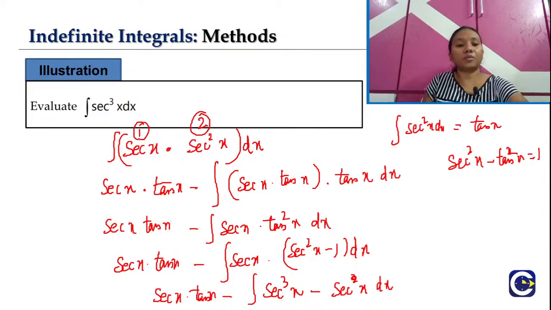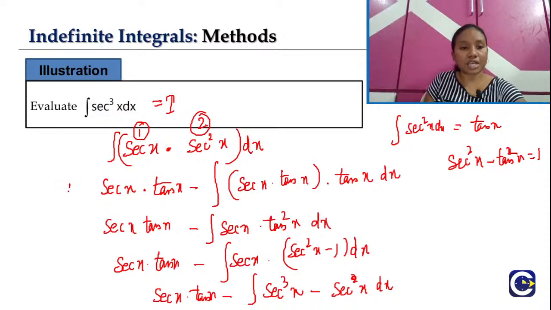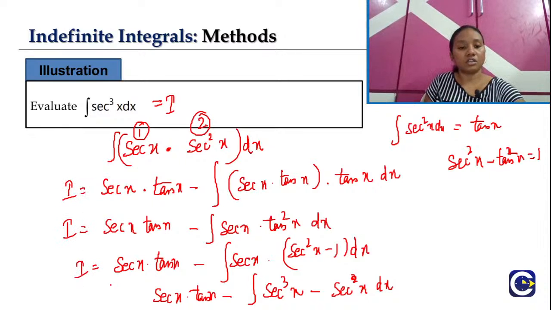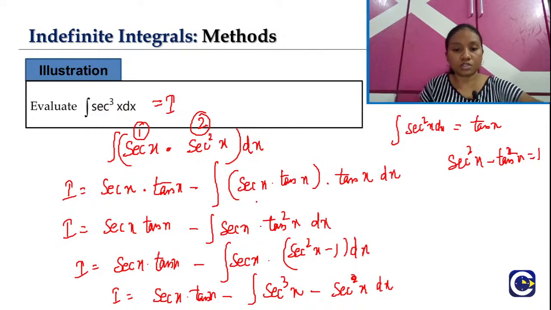So now I am going to take my given question to be I. That means I have actually simplified my I and it ends up like this. Again in my RHS, I am having my I, so I can replace that with I. Yes or no?